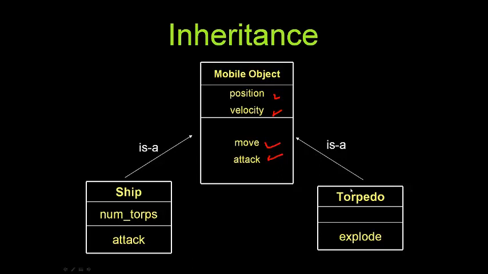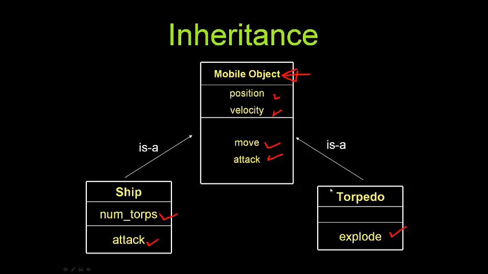Now, torpedo, it turns out, is an instance of the mobile object. Okay, so basically, a torpedo is a sort of type of mobile object because it moves. And in addition to the move and attack, you can also explode. Now, similarly, a ship is also a mobile object, but it has extra torpedoes. Okay, and it turns out that there's a different attack, right?